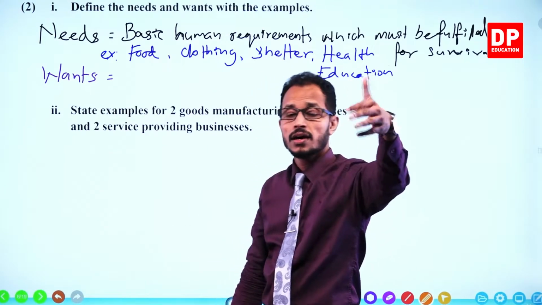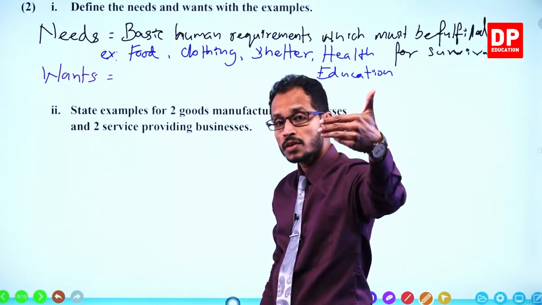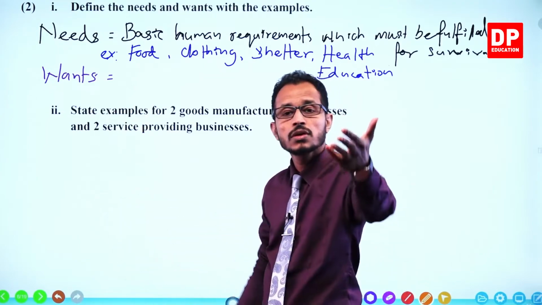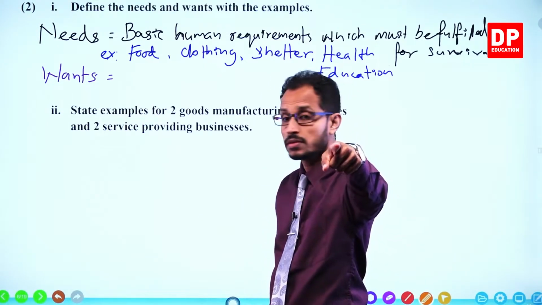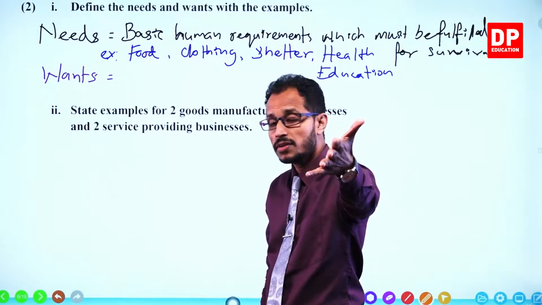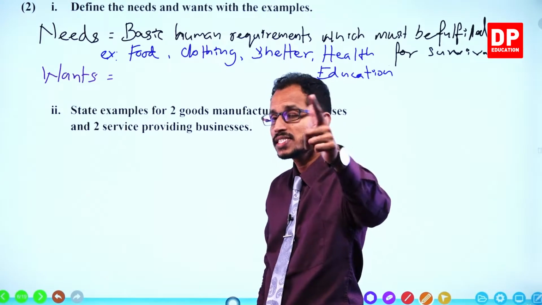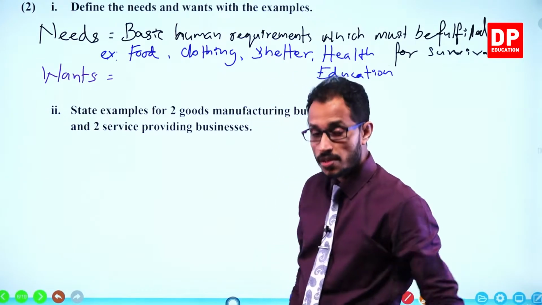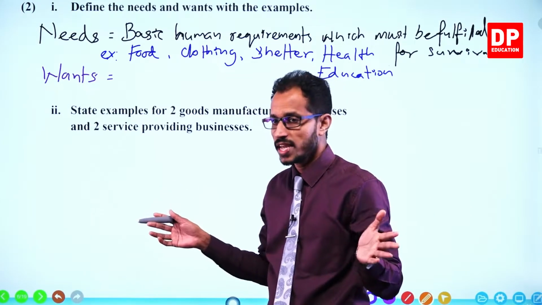Give me a definition. Good, that is one. What did you say? The various ways that we use to satisfy our needs. That's right. That is one definition. We can take that.